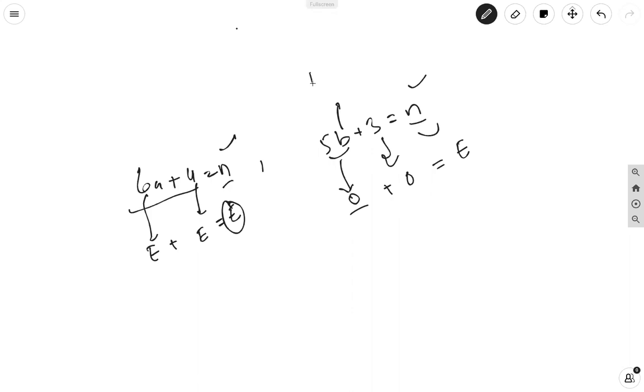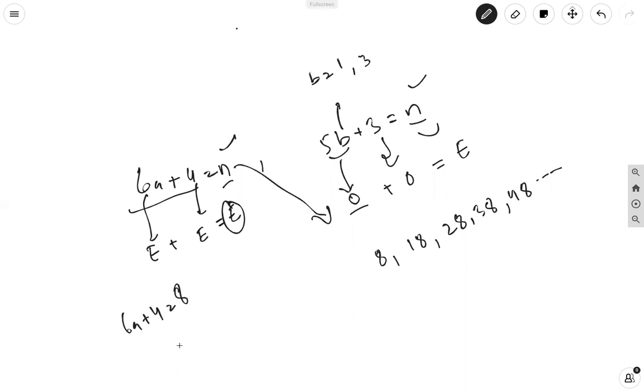For example, if b is 1, so 5 plus 3, this is 8. If b is 2, the result becomes odd, which is not possible. If b is 3, this is 18. If b is 5, this is 28, then 38, 48, and so on. Now just equate these with this. For example, 6a plus 4 is equal to 8. Not possible, because 6a would become 4, and a becomes a fraction, which is not possible.